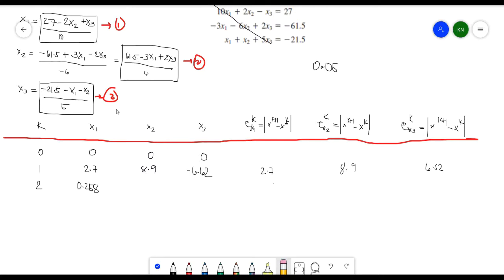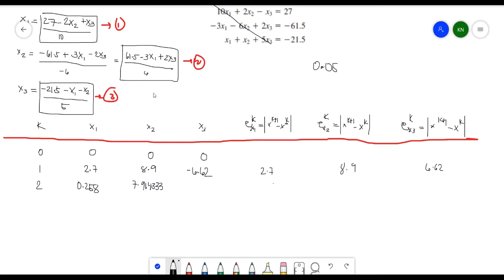And then afterwards, the same process, you need to do the x sub 2 now. 61.5 minus 3 times 0.258 plus 2 times x of 3, which is negative 6.62, all over 6, that is equivalent to 7.914333. I just pre-calculated it earlier, so you can calculate that yourself to check also.